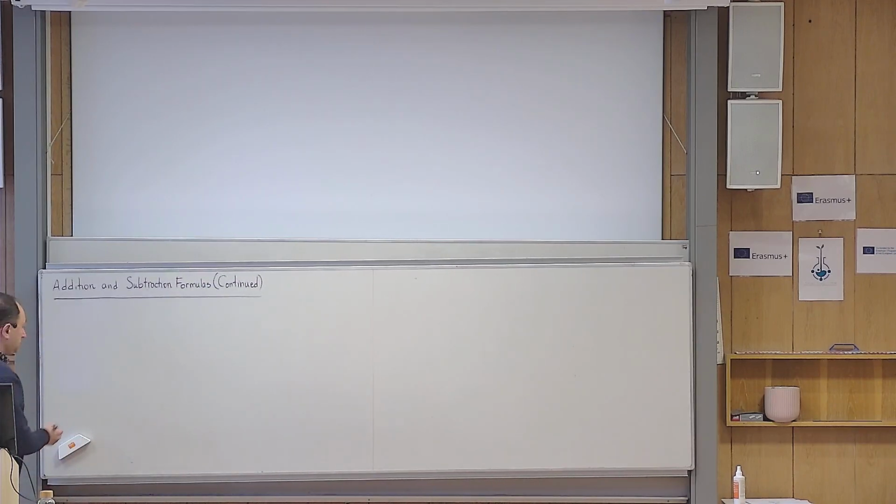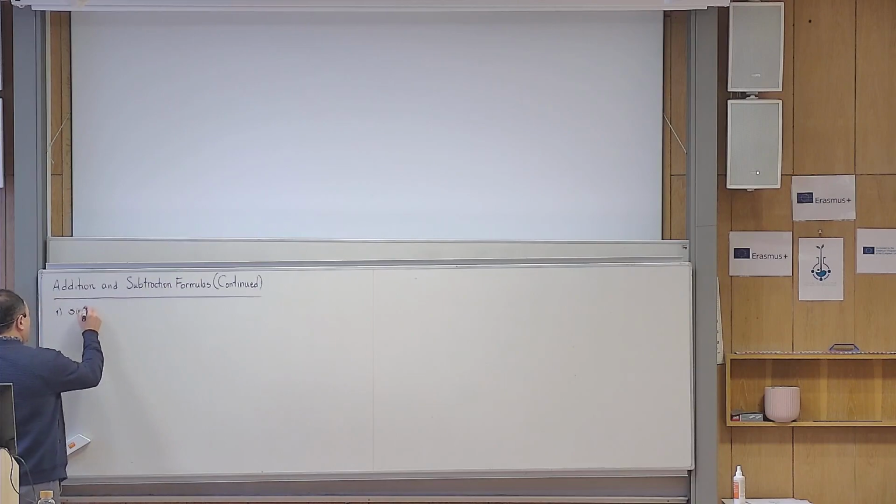Okay, so we remember we had 4 formulas. So now let me write them in the order we usually write. We usually start with sine, but for the proof, if you remember, I started with the cosine, yes? So that was sine alpha plus beta.